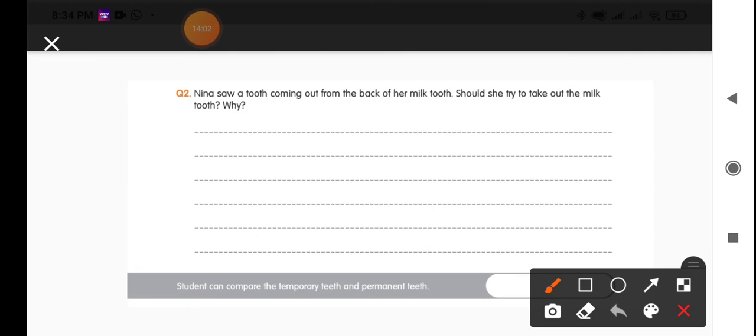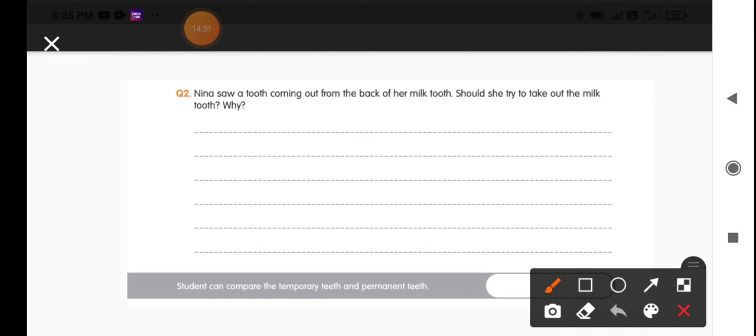So it won't give a beautiful look to the face. So definitely she has to approach the doctor, and the dentist will help her remove that milk tooth, and it gives a beautiful look to Naina's face.